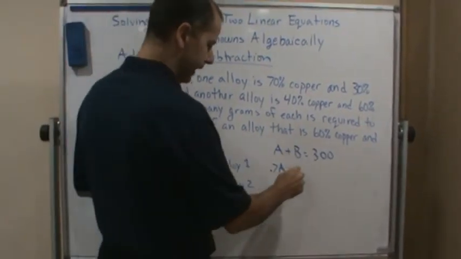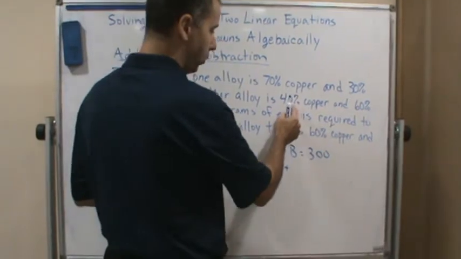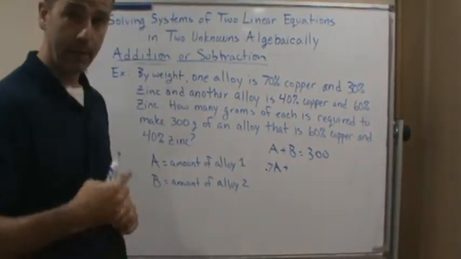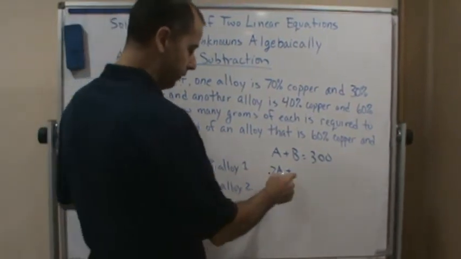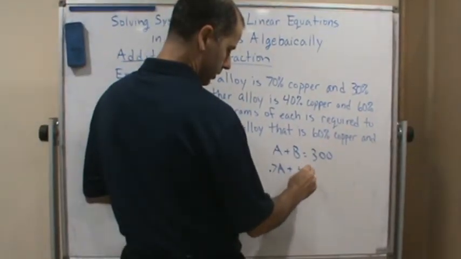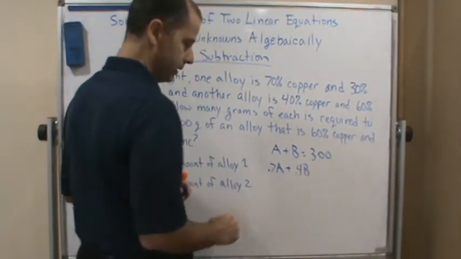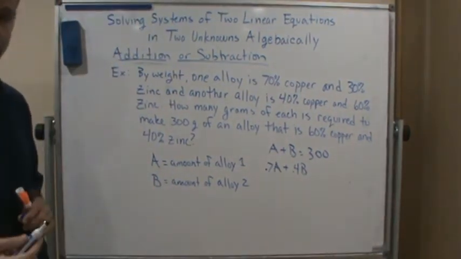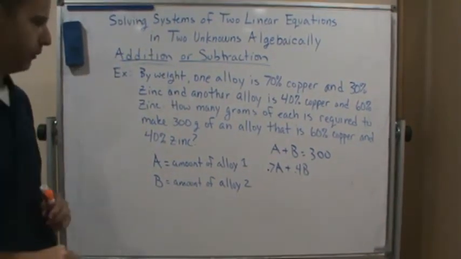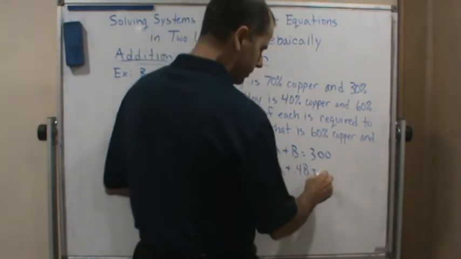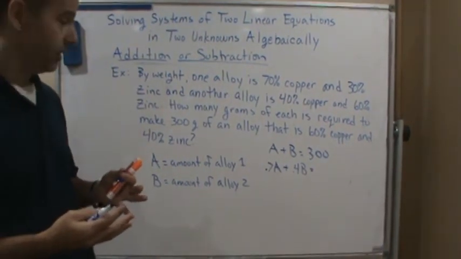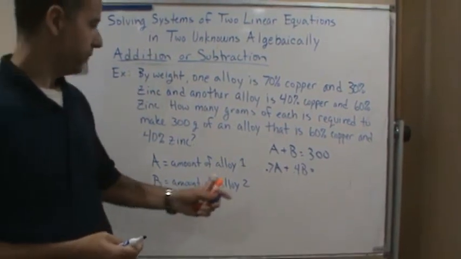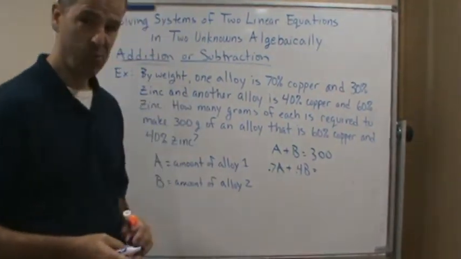And then if I take alloy B, well, that's 40% copper. So the amount of copper in grams is going to be 0.4 times the amount of the alloy. And then, of course, when I add these two amounts, I should get what? 60% copper.